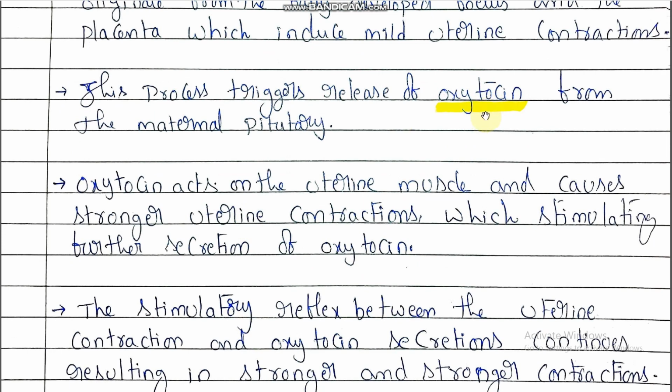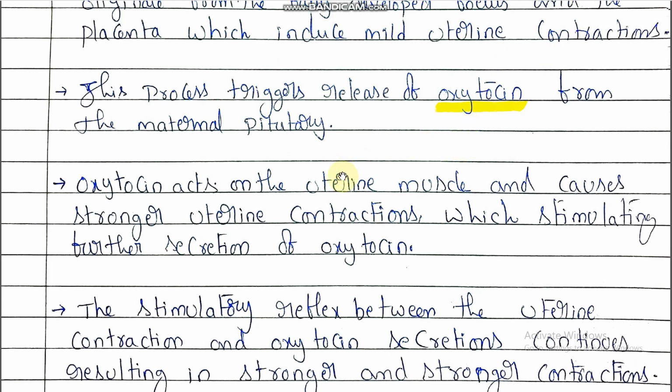So what is the function of oxytocin? Earlier we discussed the function of oxytocin, which is helpful for myometrium contraction in the uterus for the purpose of parturition. Oxytocin acts on the uterine muscle and causes stronger uterine contractions, which stimulate further secretion of oxytocin. First there is mild uterine contraction before the release of oxytocin.